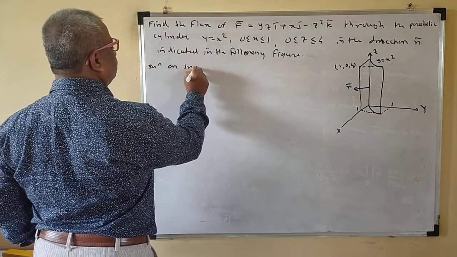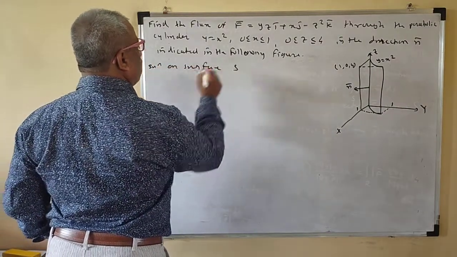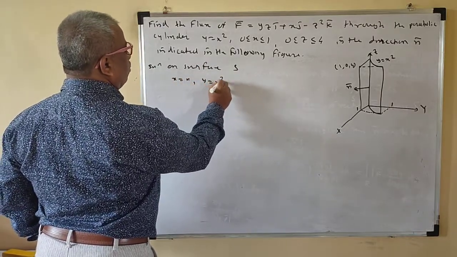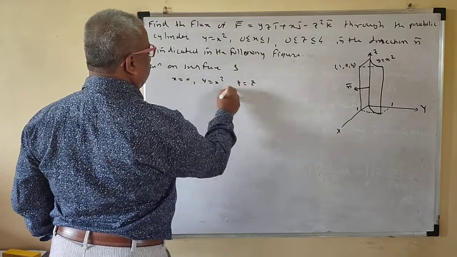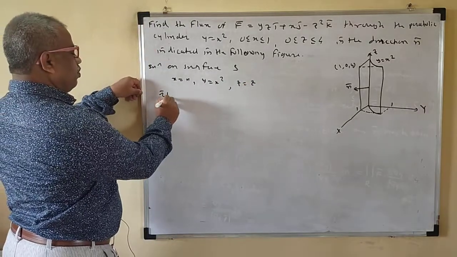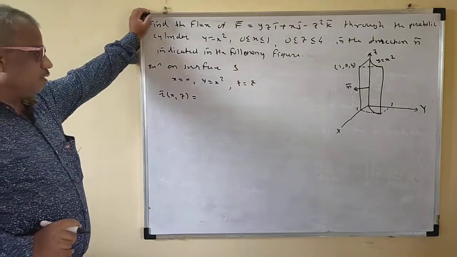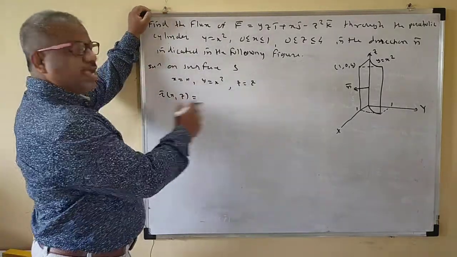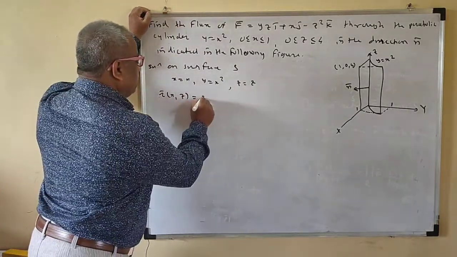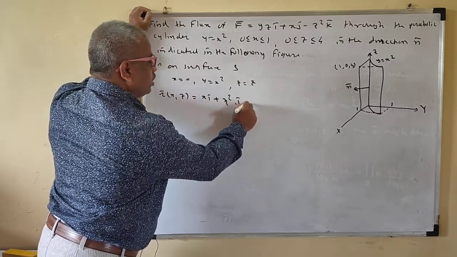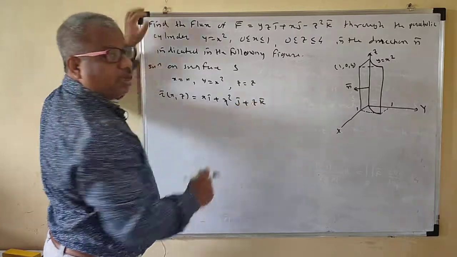On surface S, x is equal to x, y is equal to x square, z is equal to z. So r bar of x, z, because y is in terms of x and z. So we get a parametric equation, right? r bar equals x i bar plus x square j bar plus z k bar.